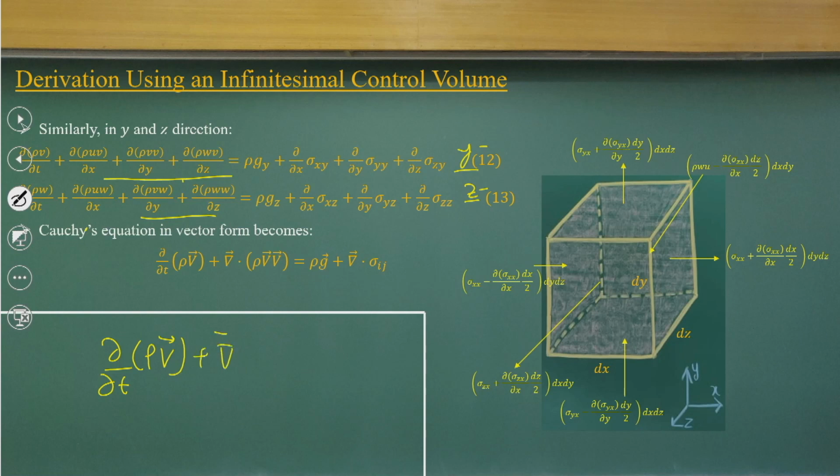You have rho g, a vector, and sigma i j, these are components. You can just have a dot product, you can get the stress. This is a body force component. Again, I am repeating it.